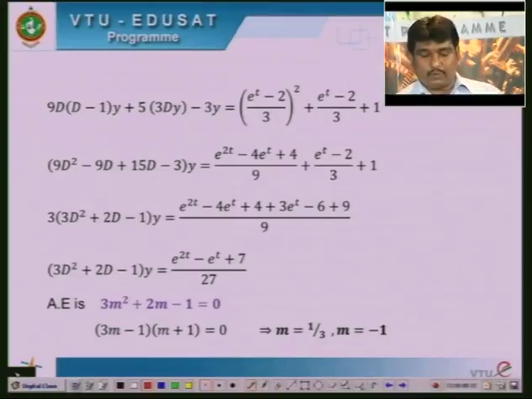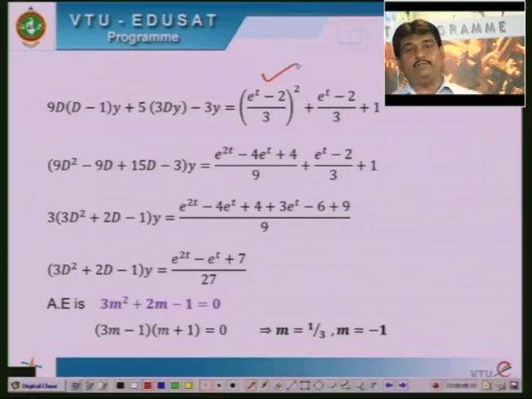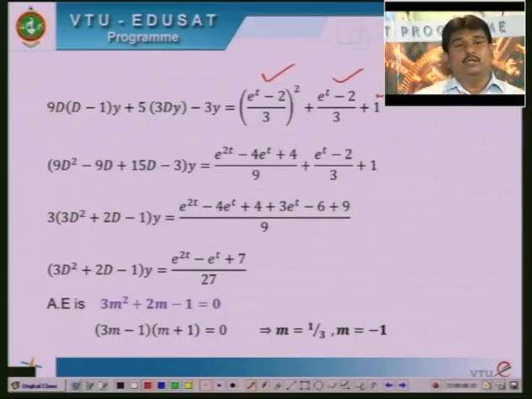This is the x square term, which is ((e to the power of t minus 2) by 3) whole square, plus the x term, (e to the power of t minus 2) by 3, and there is a constant present in it, 1. Multiply 9D, you get 9D square minus 9D plus 15D minus 3, operated on y.